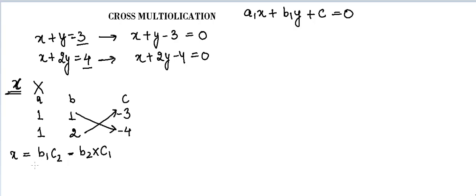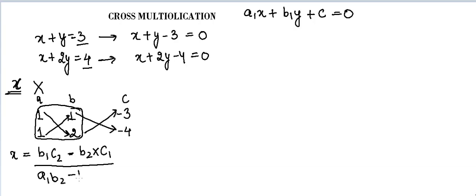And in the division, I will do the cross multiplication among the coefficients of x and y, so it would be a1 b2 minus a2 b1. So b1 into c2, you'll get it as minus 4, and in minus, again it's a minus 6. It would be a minus 6.